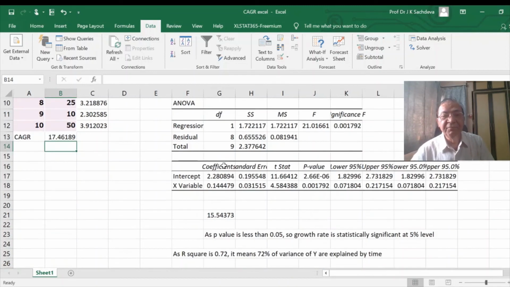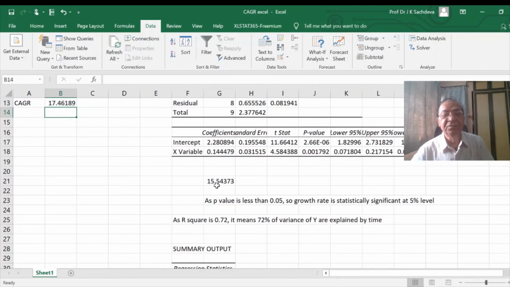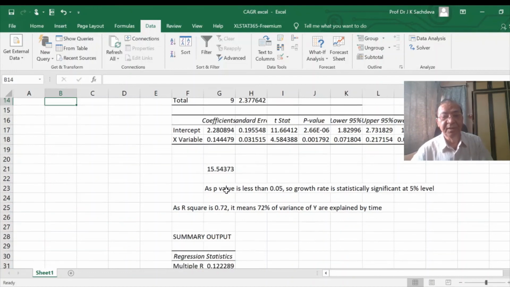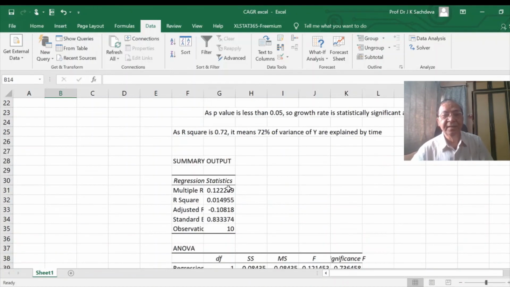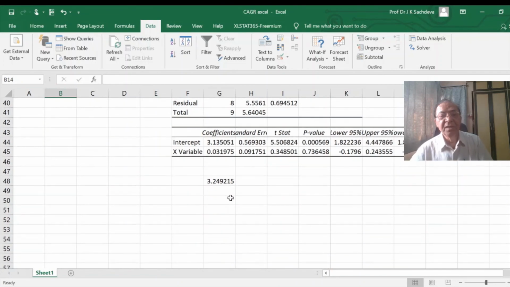If we take the first regression, the growth rate comes out to be 15.54%, but if we take the second regression by changing the numbers, it is 3%. So in this way we have seen that doing regression by the log-linear method is the correct method. Taking the first value and last value only is not the correct method.